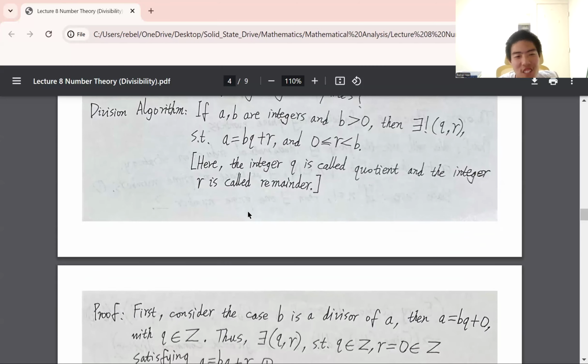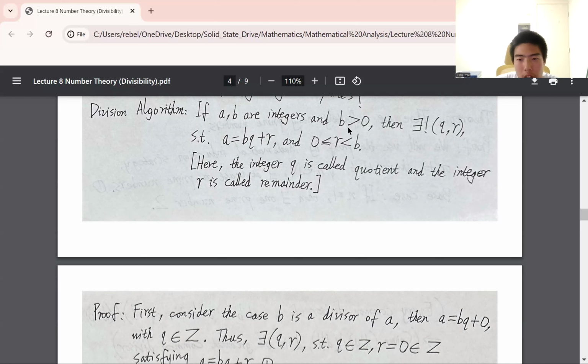Okay, so the division algorithm is something very basic. It's always the first fundamental fact in the discussion of abstract algebra, in the algebraic system. The division algorithm is what we learned in elementary school as division.